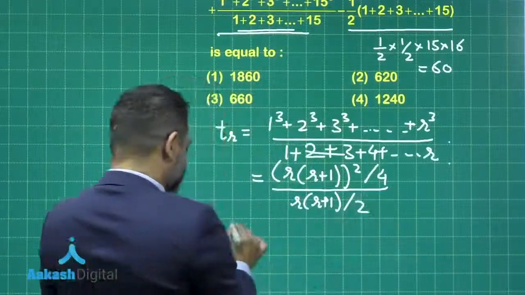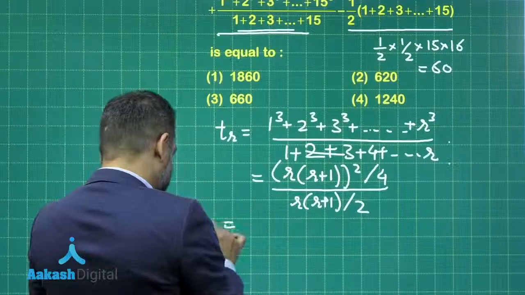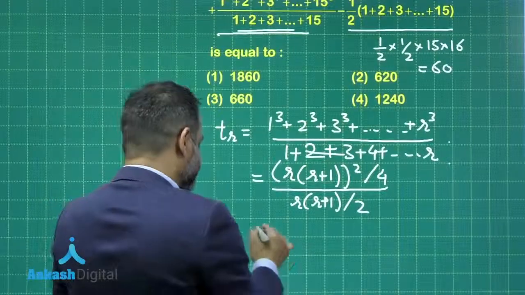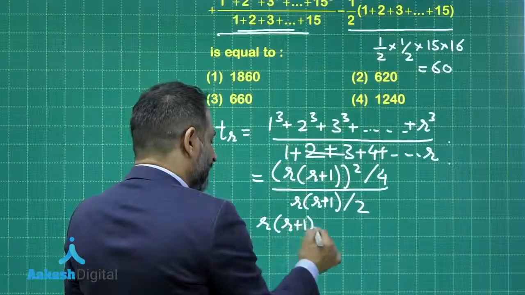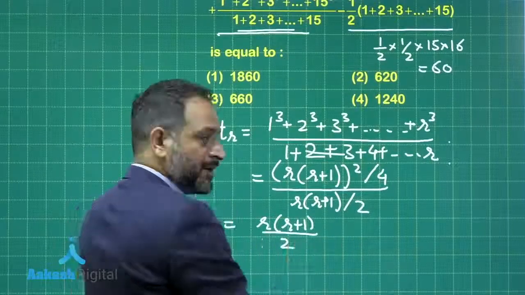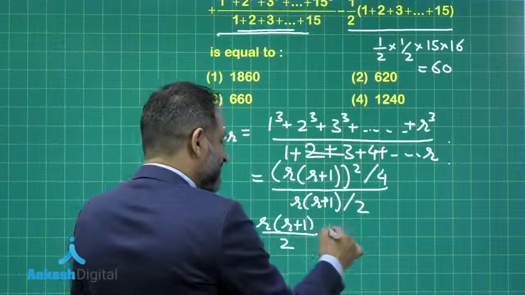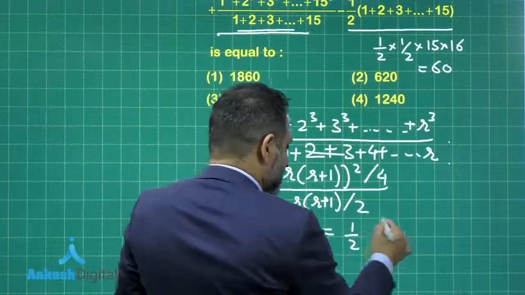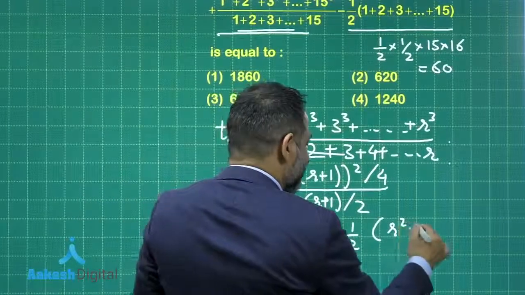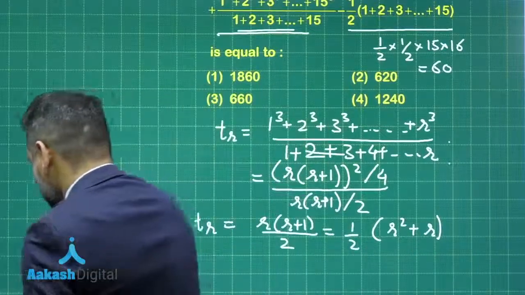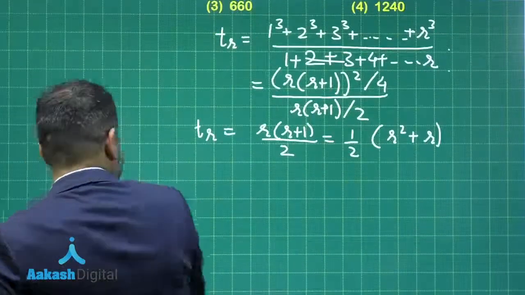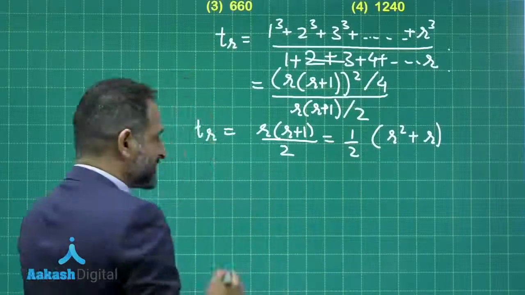From here you will get r-th term is equal to r into r plus 1 by 2. Now applying summation on this, so the general term is half into r square plus r. So first we want to find out the sum up to 15 terms of this series.